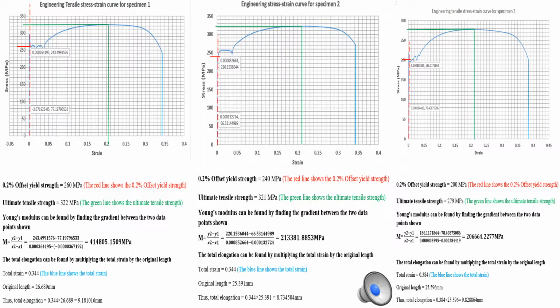The secondary outcome of the tensile test was where the specimen's stress-strain curves were plotted, and the offset yield strength, ultimate tensile strength, Young's modulus, and the total elongation data was calculated.